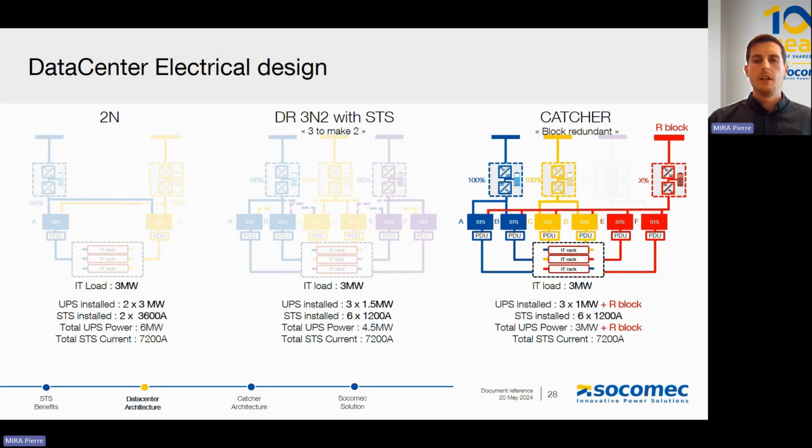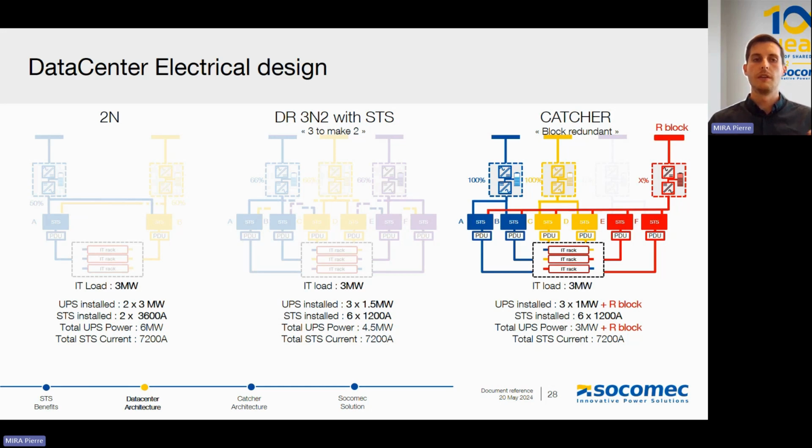I will not say one architecture is better than another one. It all depends on the power of the IT load. For example, if we are speaking about a small number of megawatts for the IT load, maybe we don't need the catcher. It will depend on every single architecture, depending on how resilient the architecture should be, how much money we want to invest in the architecture.